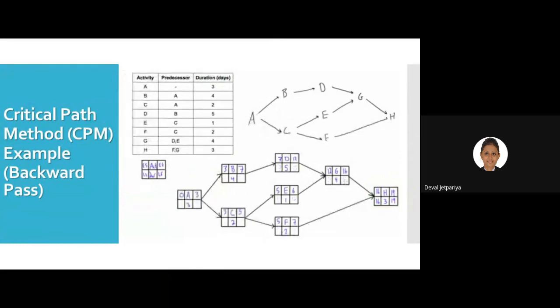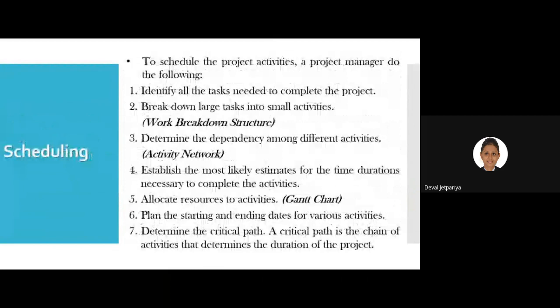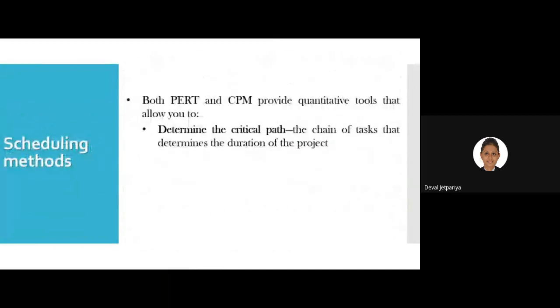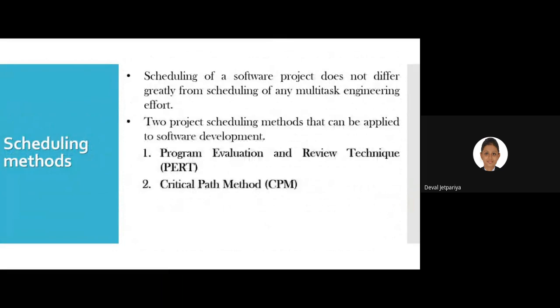If you had checked the list properly, we have two main scheduling methods. The one is PERT, that is program evaluation and review technique, and the second one is critical path method. So we had already completed the critical path method.